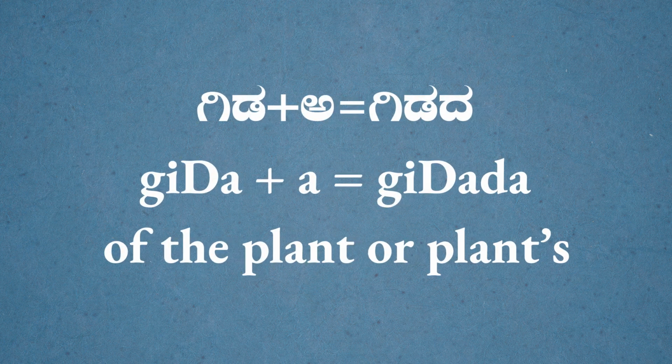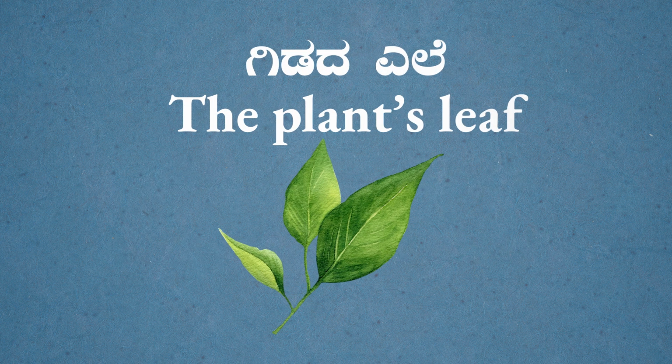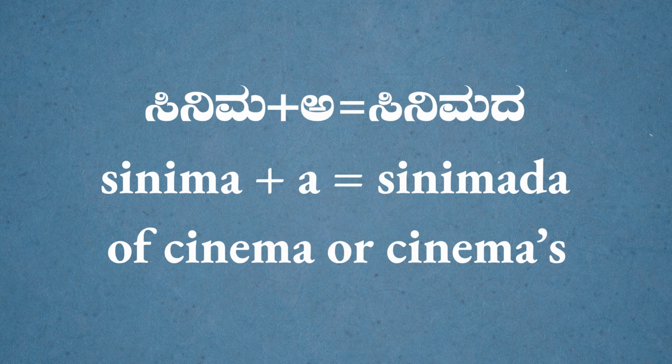Gida plus a becomes gidada. Gidada, of the plant. Gidada ele, the plant's leaf. Cinema plus a becomes cinemada. Cinemada, of the cinema.